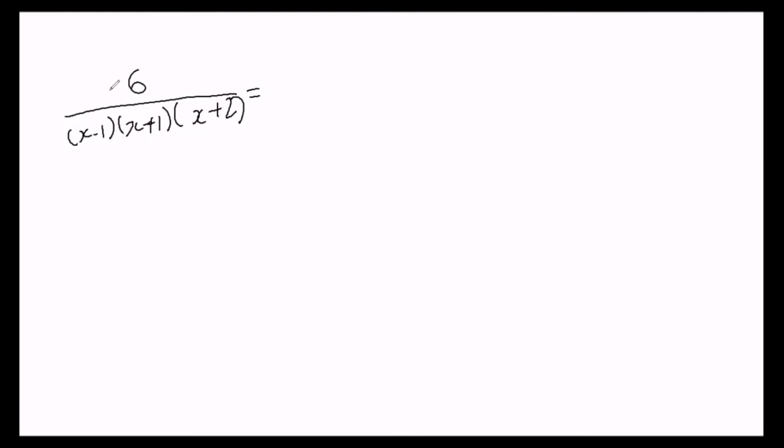So what we'd like to do is split this up into smaller fractions that we can deal with. We can do that by, let's say, I have a constant value a over x minus 1, a constant value b over x plus 1, and a constant value c over x plus 2.